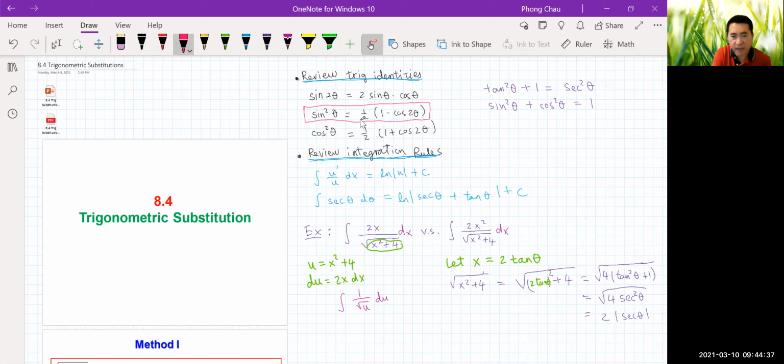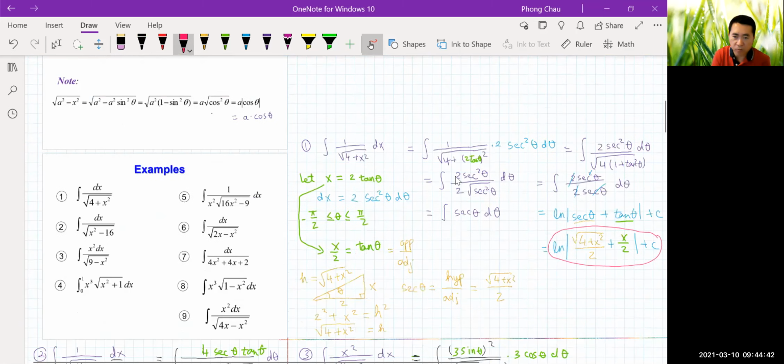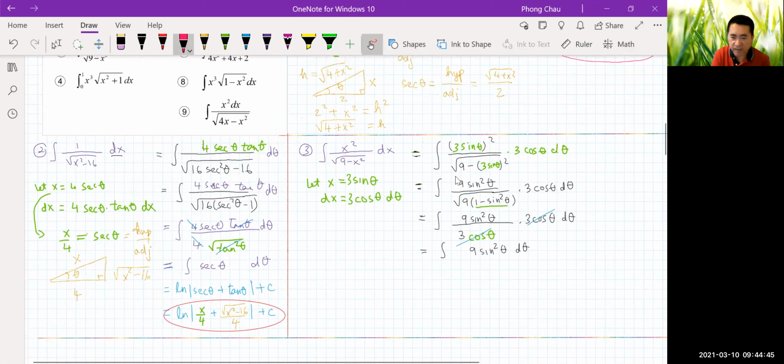Sine squared is half of 1 minus cosine 2 theta, the so-called power reducing identity. It is useful because when you simplify using the power reduction identity, you basically get rid of the power here. It's a 9, and using the identity that is half times 1 minus cosine of 2 theta d theta.